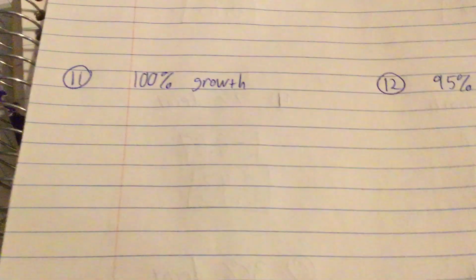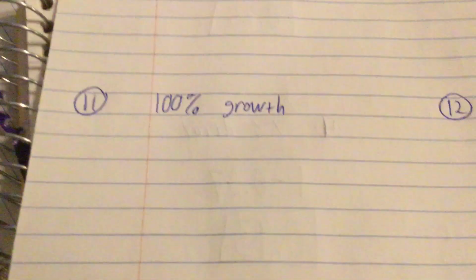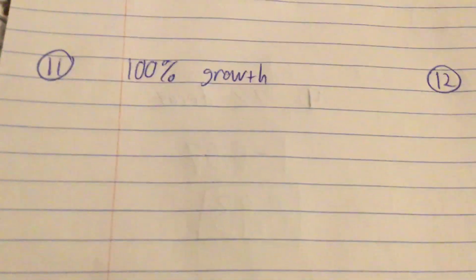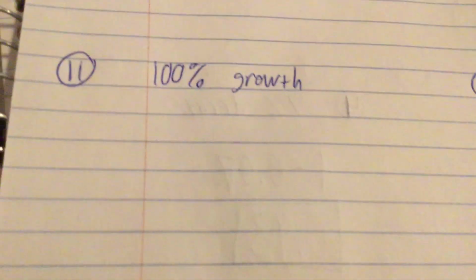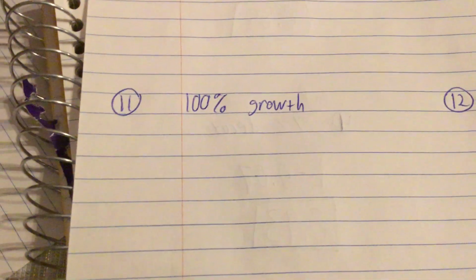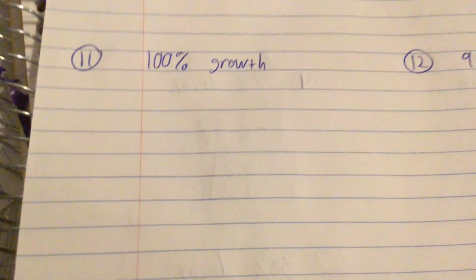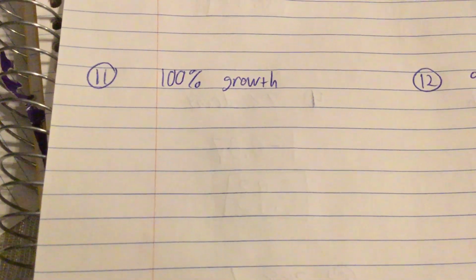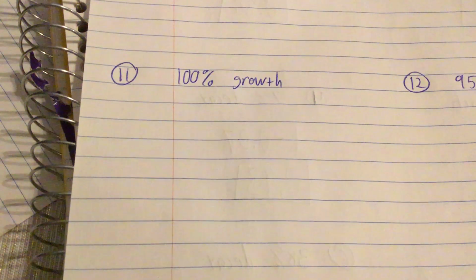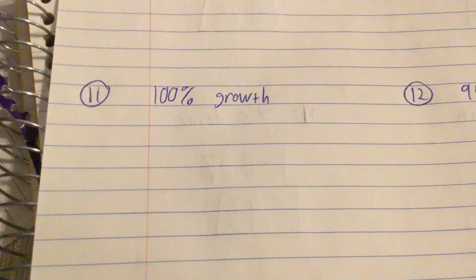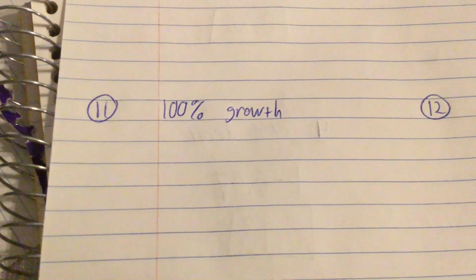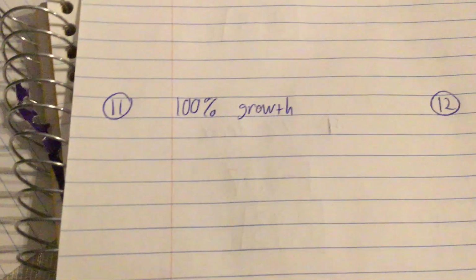Okay, moving on. Problem number 11. This one's a little bit tricky, and this one is a common misconception. What does it mean if something is growing at a rate of 100%? What does 100% growth mean as a scale factor? If you said that your scale factor is 1, think about it.